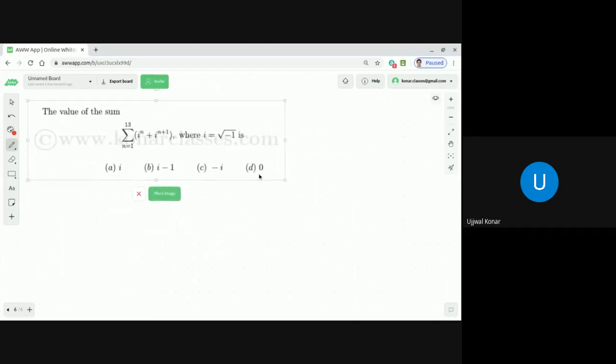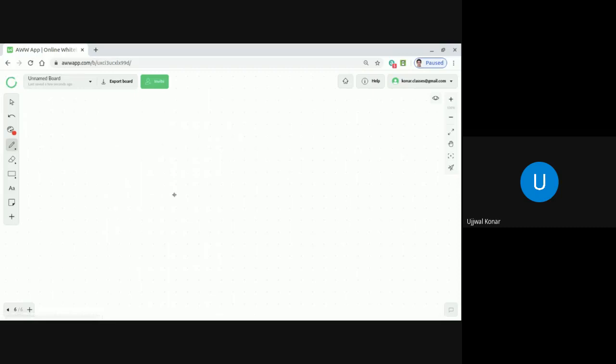This question came in a previous year in one of the engineering entrance examinations. What is the question, dear students? The value of the sum, n equal to 1 to 13, of i power n plus i power n plus 1, where i is equal to square root of minus 1.